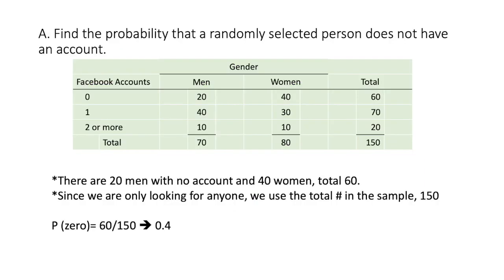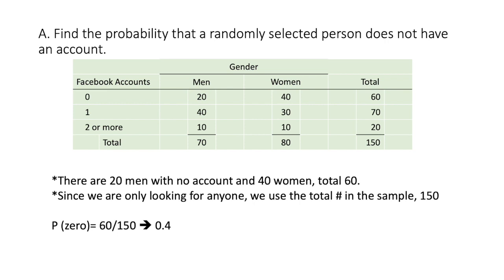So here we go. First, what if we wanted to find the probability that a randomly selected person from our sample does not have a Facebook account? We're going to be looking at this first row of information. This is the values of the people that don't have a Facebook account. We have 20 men and 40 women. And so in total for our sample, 60 individuals do not have a Facebook account.